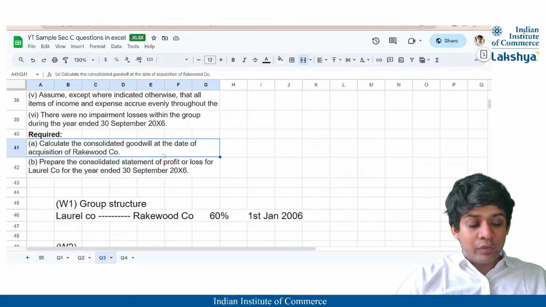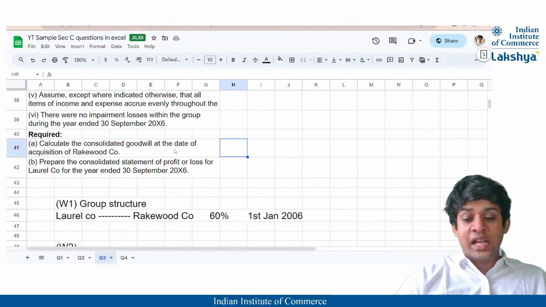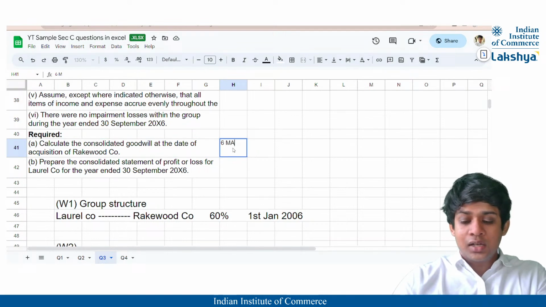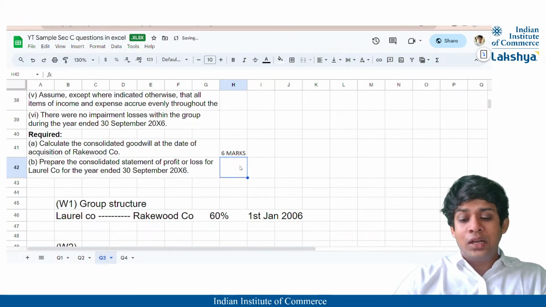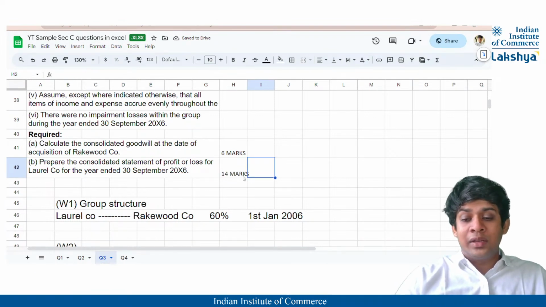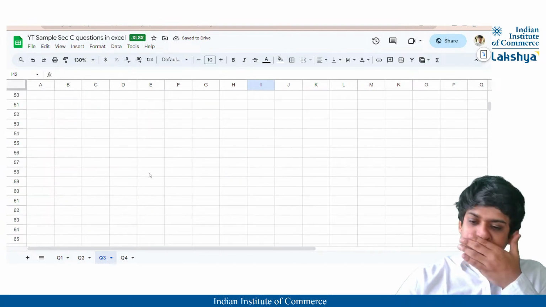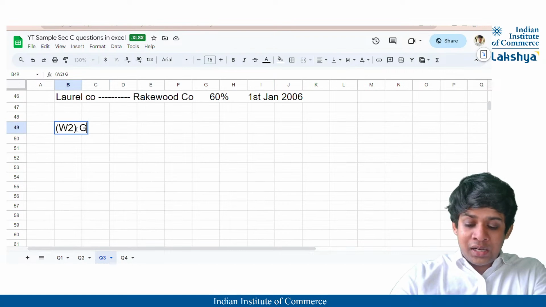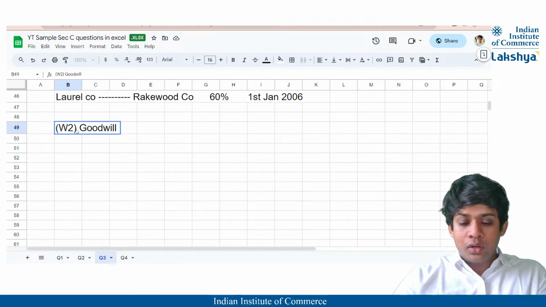So you have to calculate goodwill separately, also here with your statement of profit or loss. Then and only then they will give you some marks, for example probably 6 marks for the goodwill and maybe 14 marks for the consolidated statement of profit or loss being prepared. That could be the allocation of the marks. Now I'll just state working note 2, where I'm preparing goodwill.